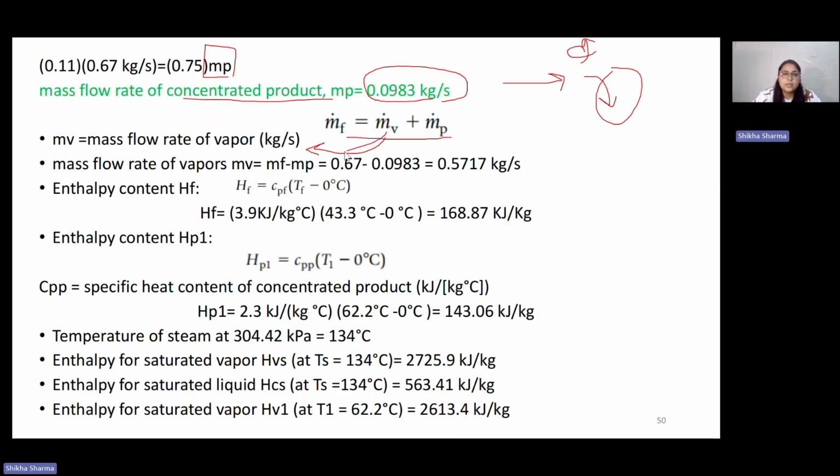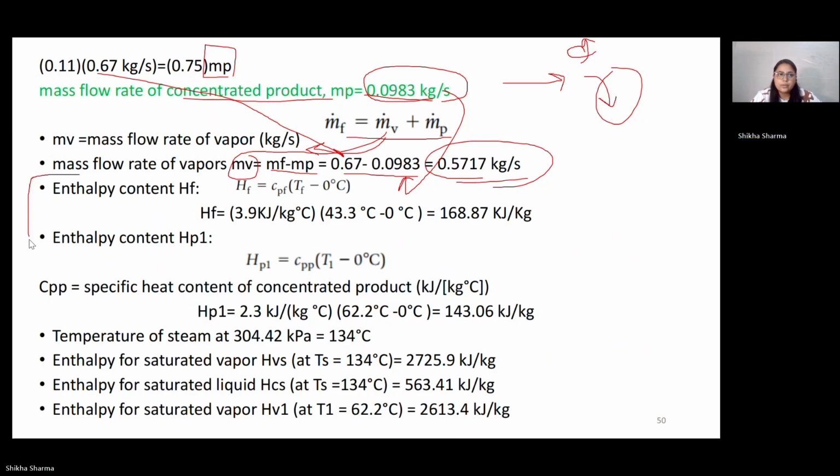So MV is equal to MF minus MP, which is 0.67 minus 0.0983, which equals 0.5717 kg per second. This is the mass flow rate of the vapor, and the other is the mass flow rate of the concentrated product we got right now.